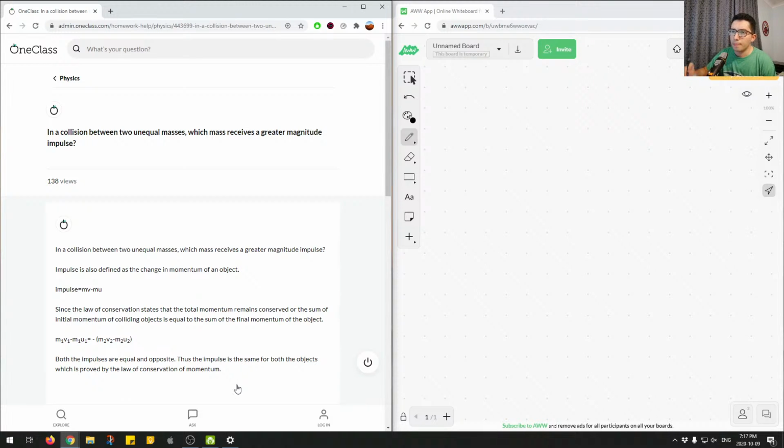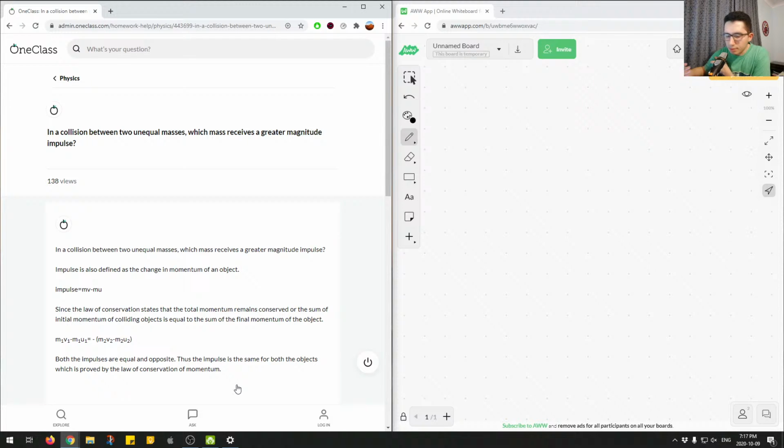Okay, so this question is asking, in a collision between two unequal masses, which mass receives a greater magnitude impulse? So it's asking us about a different law of conservation, the law of conservation of momentum. To think about this, we also need to know Newton's third law.